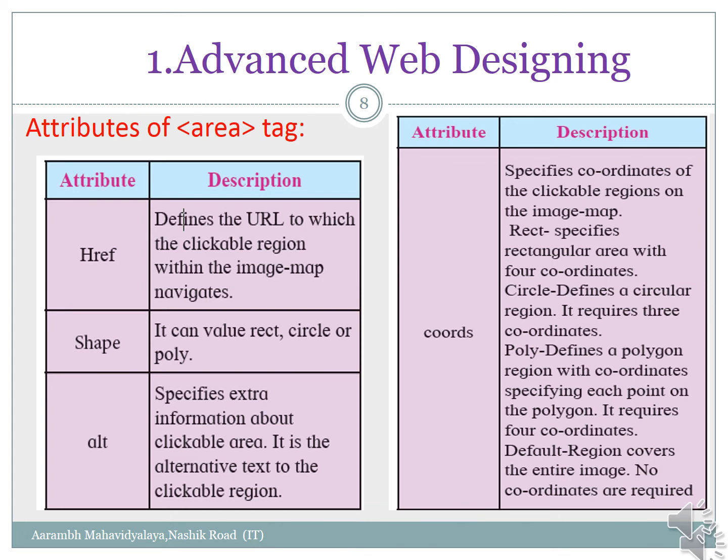For displaying a circle, we require three coordinates, and to display the polygon, we require eight coordinates. And if we have not specified any coords, it takes the default, and the complete image area is considered as a hotspot.